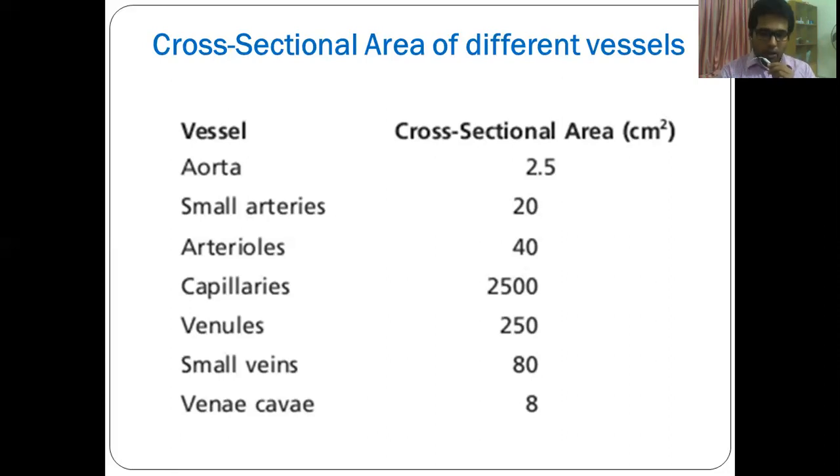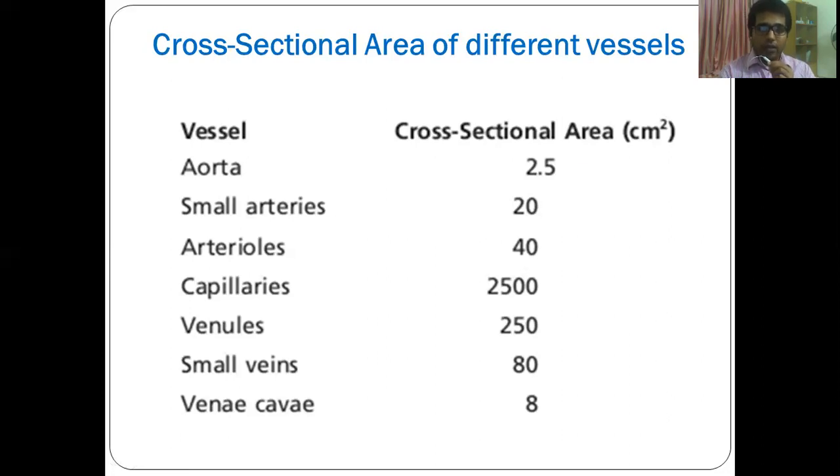Okay. Another observation: you can observe that the cross-sectional area of the vena cava is almost double the cross-sectional area of the aorta. So the velocity in the vena cava is half of the velocity in the aorta.